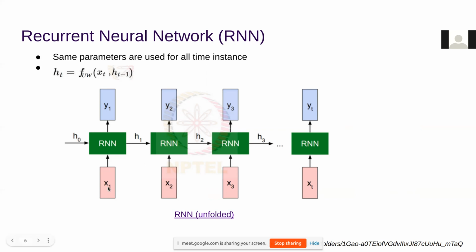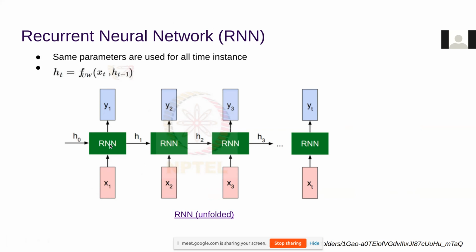So if at time t equal to 1, x1 is given as an input, y1 is expected as an output. If at the next time step x2 is given as an input, y2 is expected as the output, and so on. So this is the problem here. This can be solved using RNN.